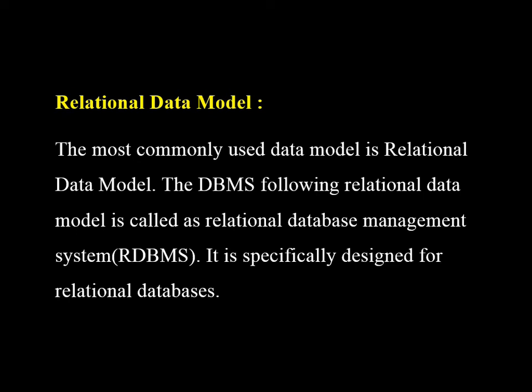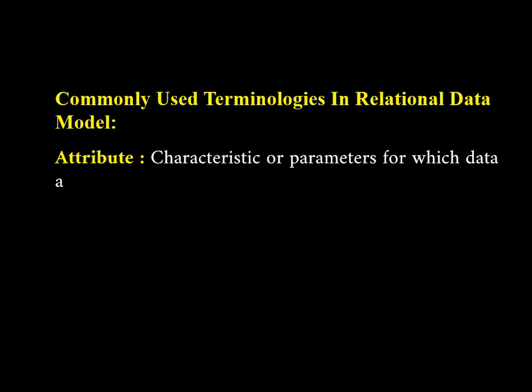Let us now understand the commonly used terminology in a relational data model. The first we are going to learn is called attribute. Attributes are the characteristics or the parameters for which data are to be stored in a relation.